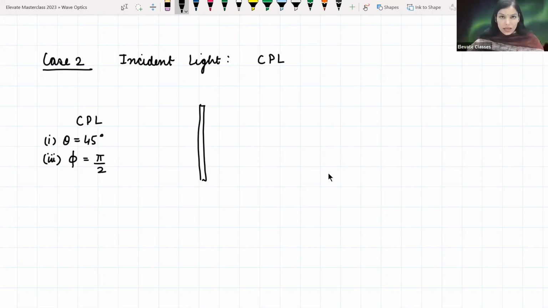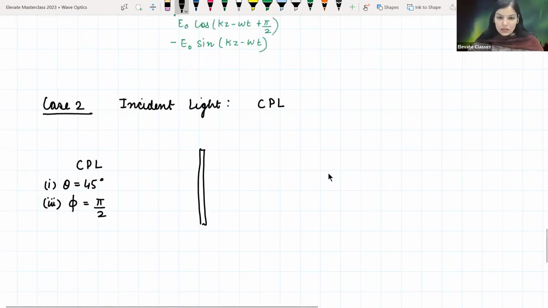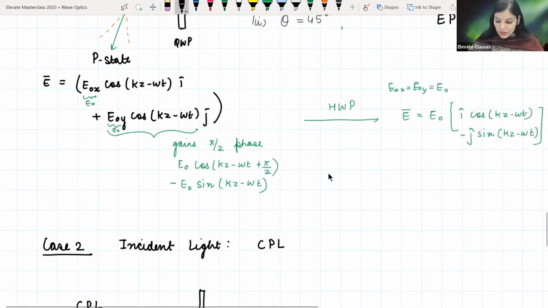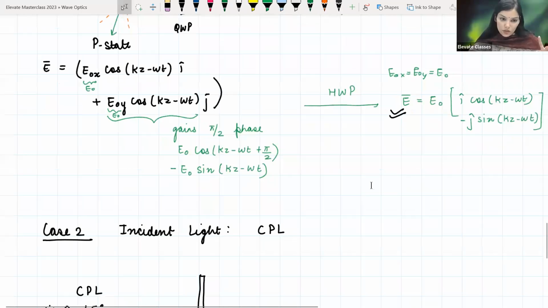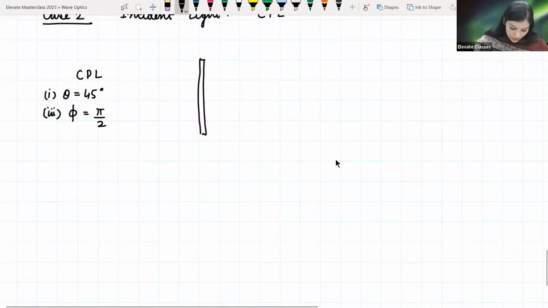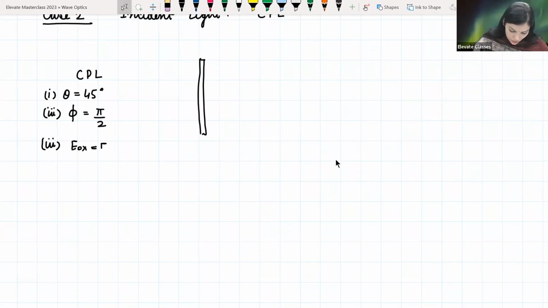So what I mean is एक cosine kz minus omega t था, look at this equation, और दूसरा sine था, तो already there was a pi/2 phase difference between the two components. And the third is that the EOX is equal to EOY is equal to E. Okay, all these contribute to a circularly polarized light.